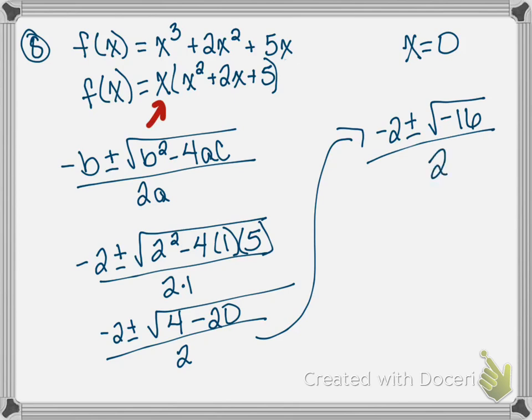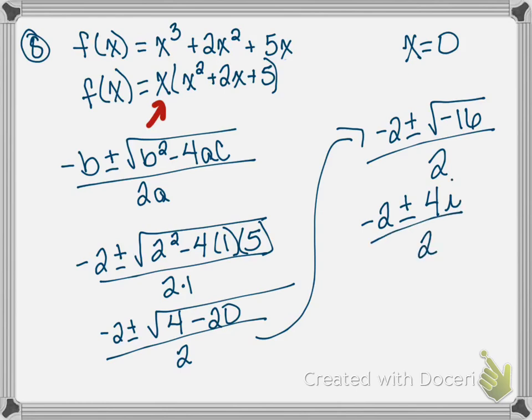The square root of negative 16 is i times 4, because we have the negative, and the square root of 16 is 4. So I have negative 2 plus or minus 4i over 2.